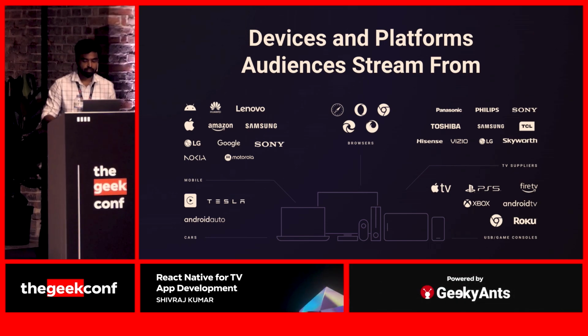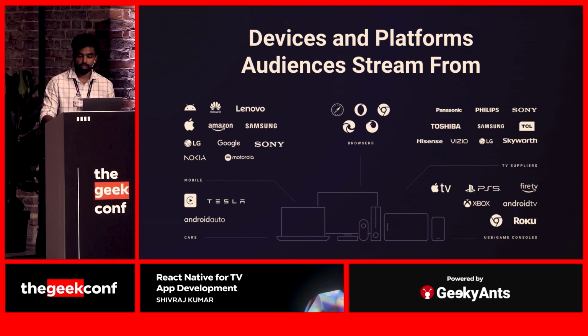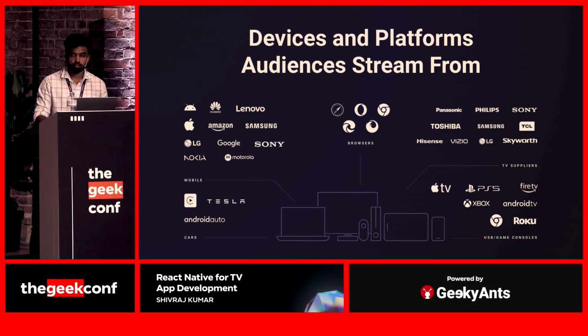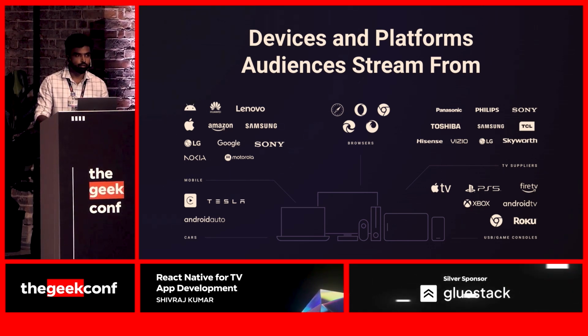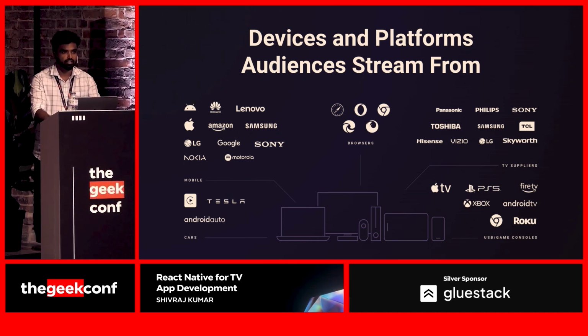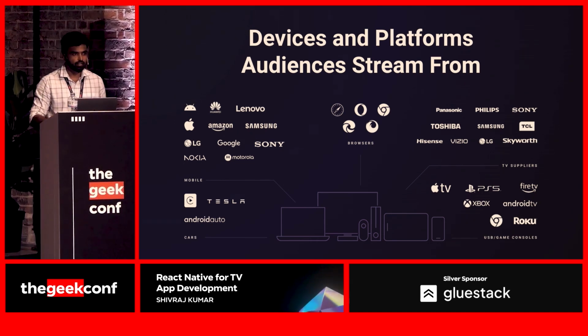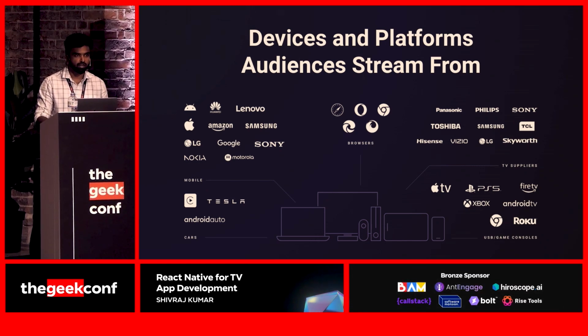Now let's look at the current market, what we have for TV. If you see here, there are a lot of devices and platforms when it comes to streaming media. When it comes to web, we can target all of those with just a single app, maybe with React. And when it comes to mobile, iOS and Android cover at least 95% of the OS market, and we can cover that with React Native.